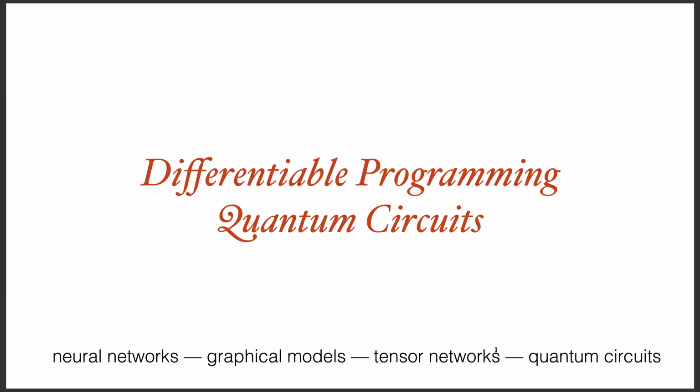So since I was talking about differentiable programming of tensor networks and training of neural networks, it's almost obvious that taking gradients on quantum circuits and training quantum circuits is something that you can do and something you maybe can profit from.